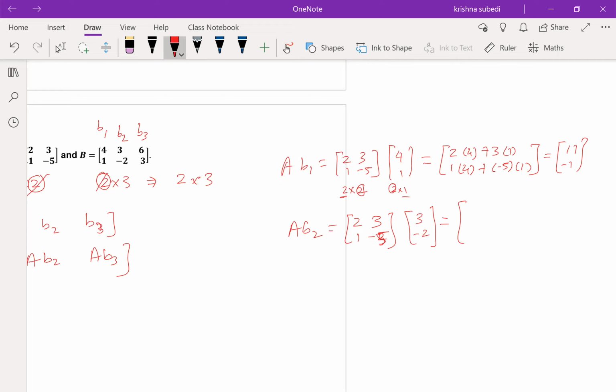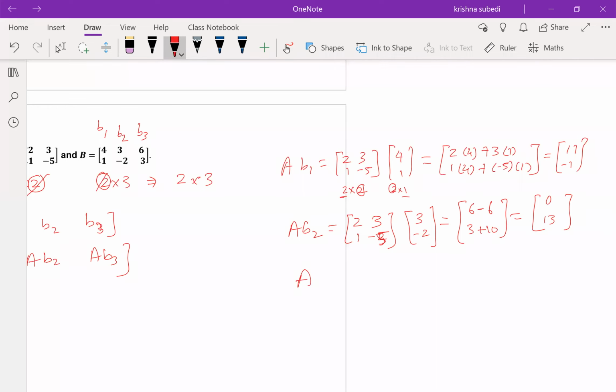So 2 times 3 is 6. Minus 2 times 3 is 6. So we are done with first row with first column, and now the second row. 1 times 3 is 3, and this, -5 times -2 is +10. So basically what we got here is 0 and 13.